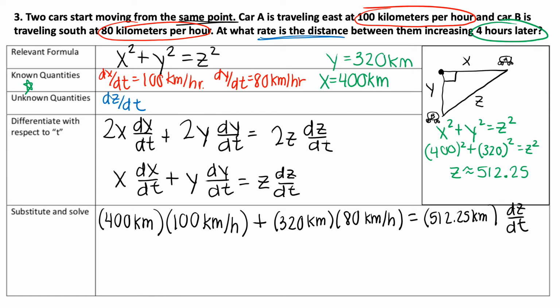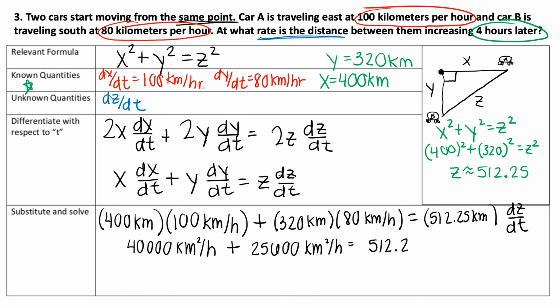A bit of multiplication required here. 400 times 100 gives us 40,000 kilometers squared per hour, plus 320 times 80 gives us 25,600 kilometers squared per hour, is equal to 512.25 kilometers times dz/dt.